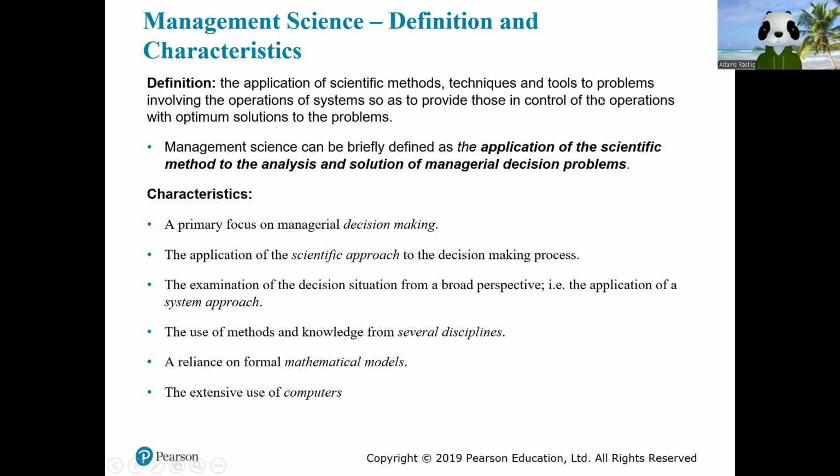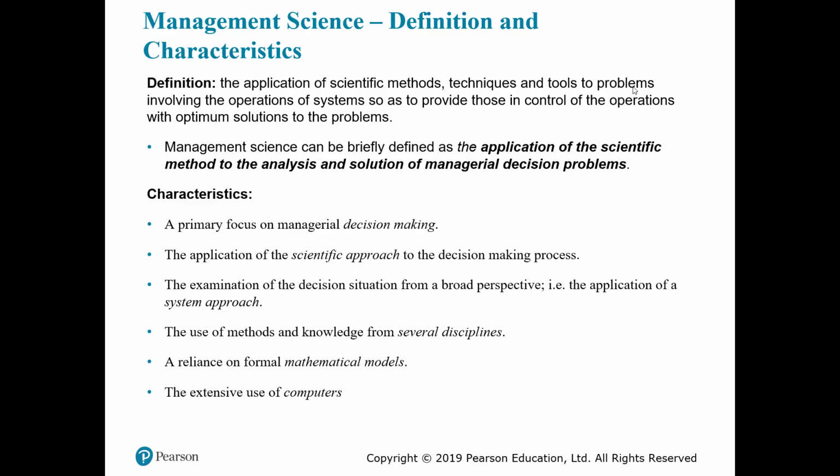And there are about 6 characteristics of management science. The first characteristic of management science is that it focuses on managerial decision making. How do you make decisions based on fact as a manager? And that is one of the characteristics. The second characteristic of management science is that it uses the scientific approach or scientific method.